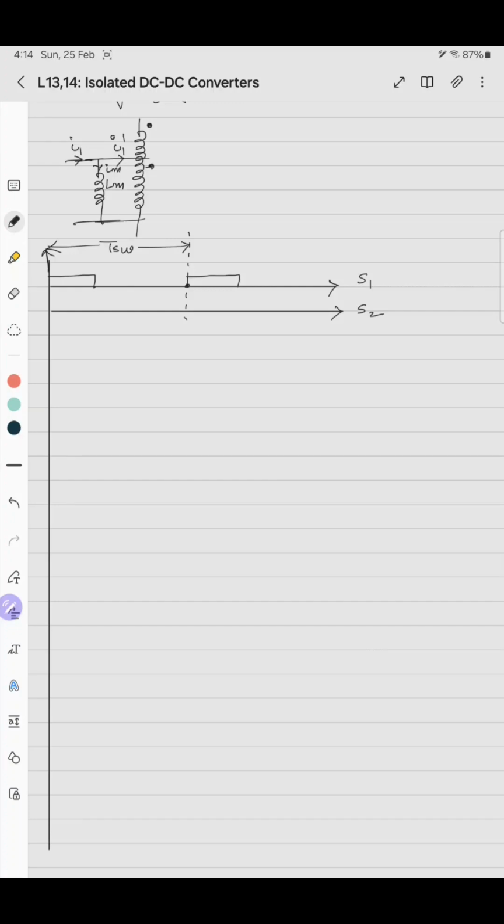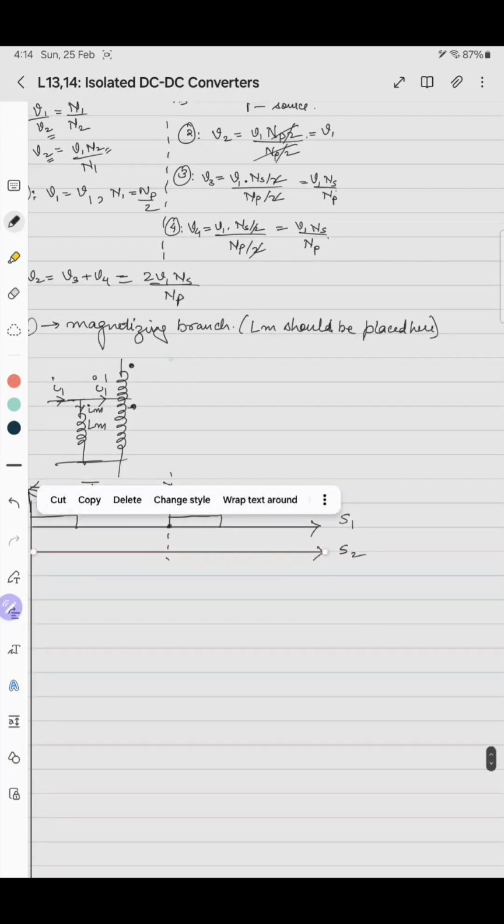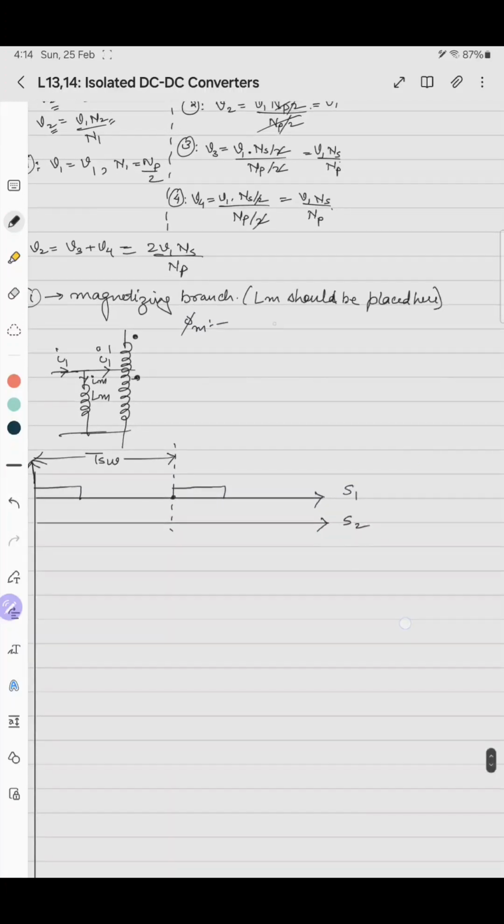So in order to plot phi m for Lm, first we'll plot phi m. The switching pulses again, I will draw like this.